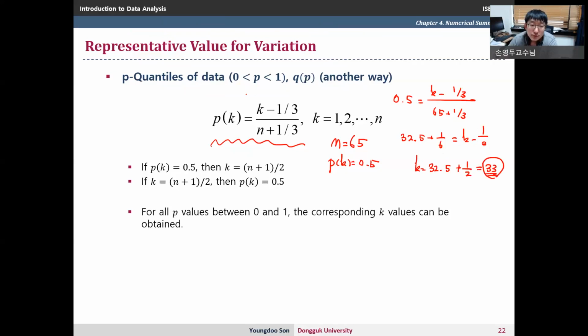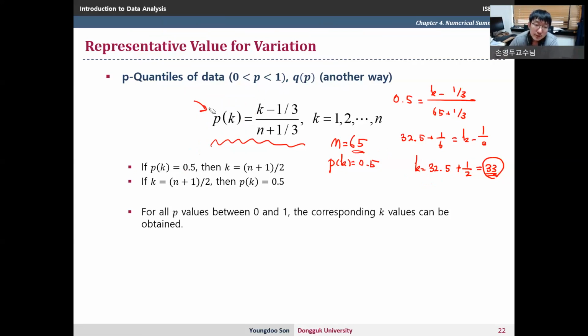So if we put the p that we want to get here, then we can get the index of the data point. If we put p here as 0.5, and when n is 65, then it tells us that the median is the 33rd point of the data distribution.